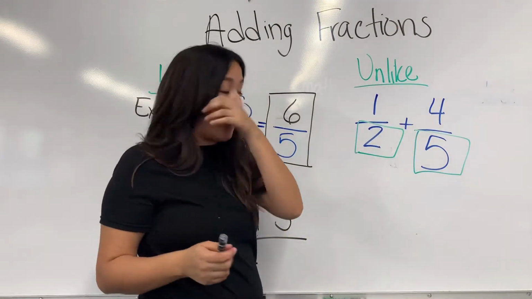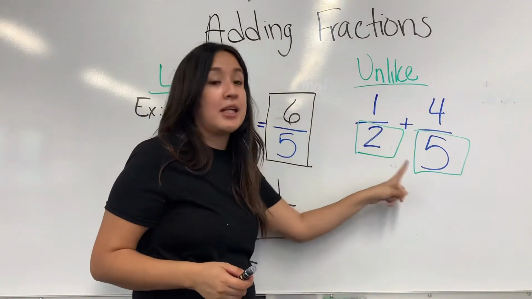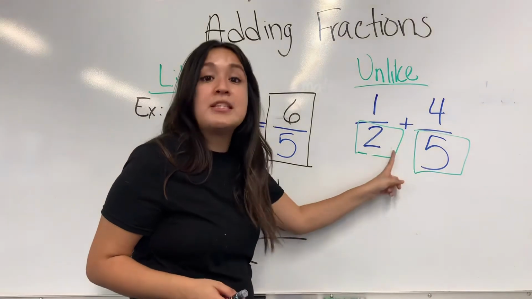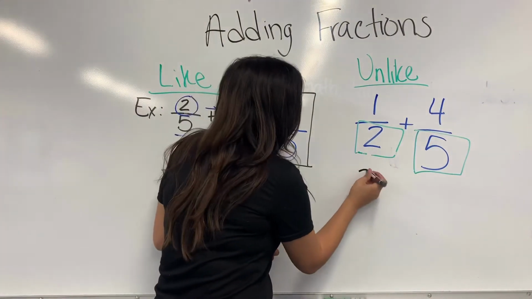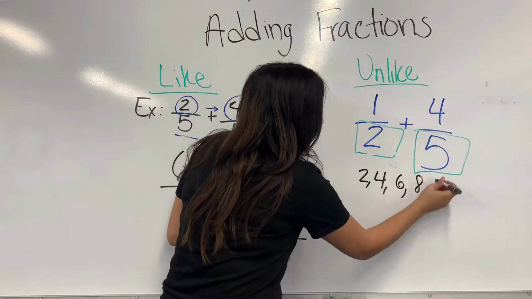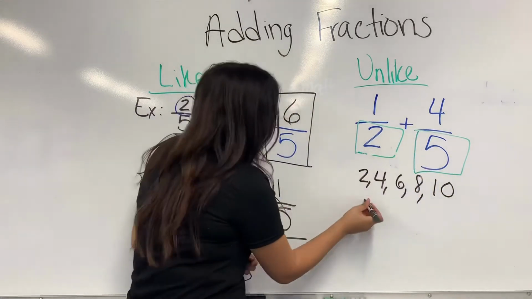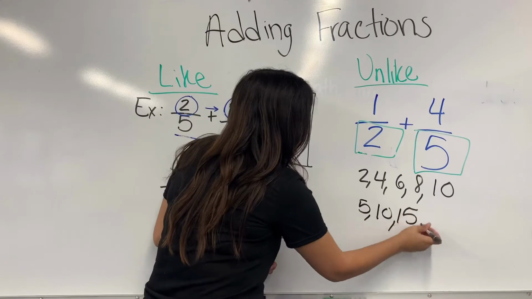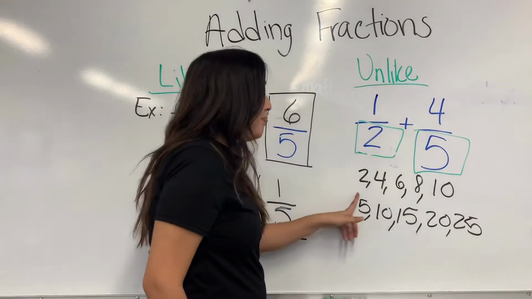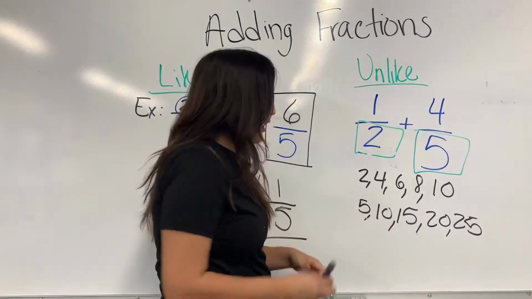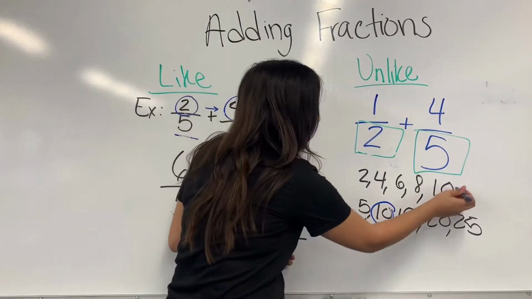We're going to skip count by the denominator to find a common denominator. This is what we did for comparing fractions. We're going to skip count by 2, and we're going to skip count by 5. Find a number they both have in common. And if you can see here, they both have 10.